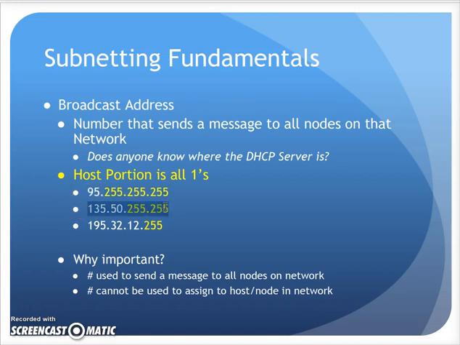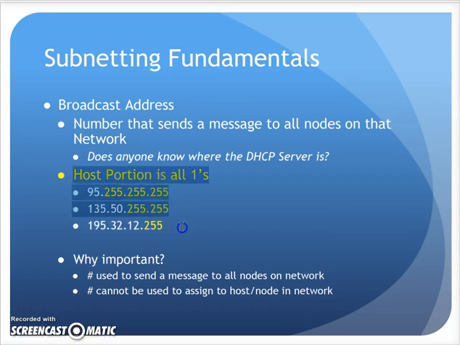If I use 135.50.255.255, that is an address that can get used to send a message to everybody on the 135.50.0.0 network. Last one, if I have a Class C, 195.32.12.255 is an address that can get used to send a message to everybody on the 195.32.12.0 network.